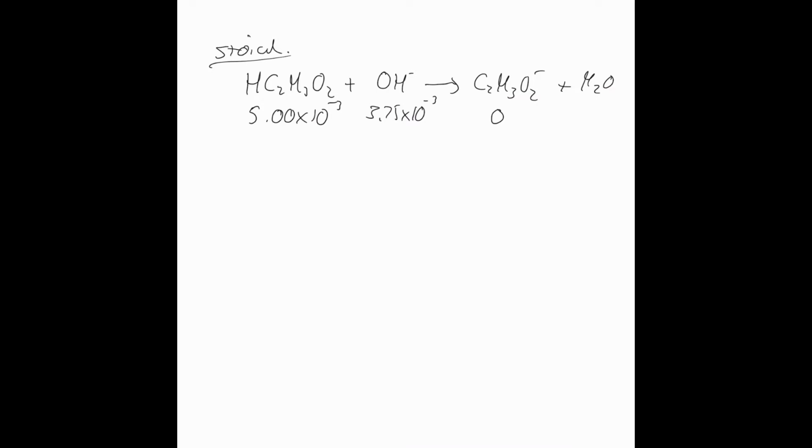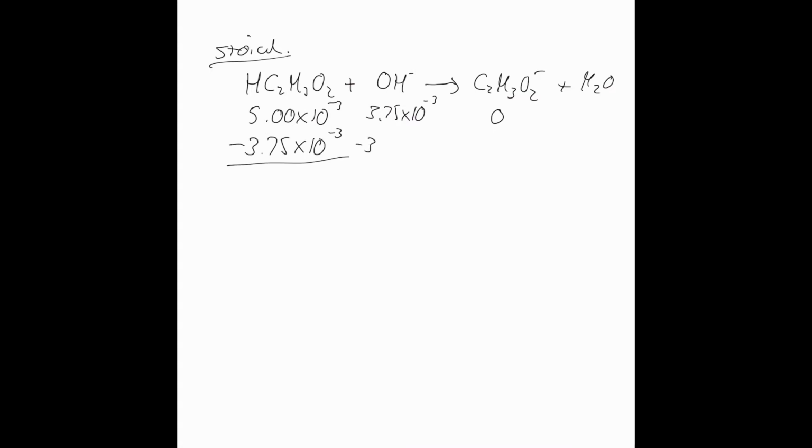I've filled in that 10 milliliters of 0.5 molar is 5 times 10 to the minus 3 moles, as it's been every time we've done it in the last 4 expressions. And the 7.5 milliliters of 0.5 molar is 3.75 times 10 to the minus 3 moles of OH minus, which is the limiting reactant.